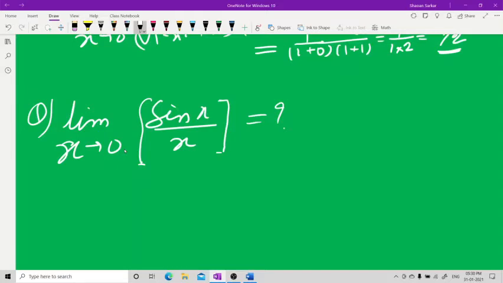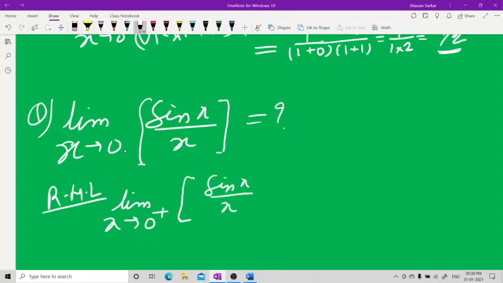Now see, one thing. The right hand limit, x tending to 0 plus, the right side of 0. This is sine x upon x. On the right side of 0, everything is plus.